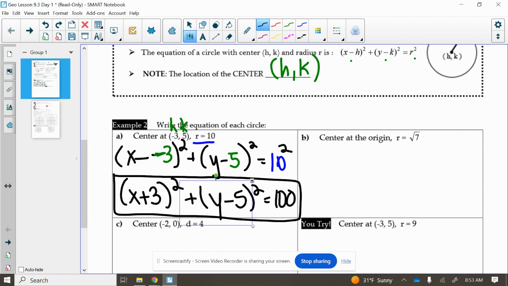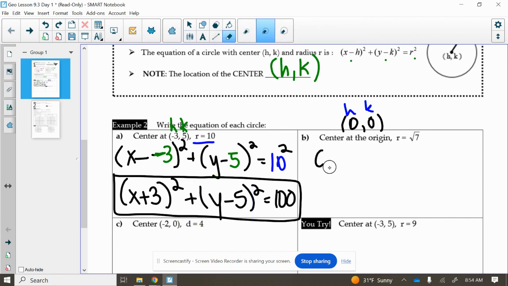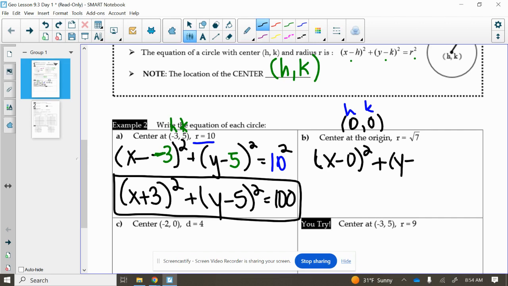In our next example, our center is at the origin, better known as (0, 0). So our h comma k this time are 0 and 0. So again, as we start plugging in, we have our x value minus, in this case, 0, quantity squared, plus y minus our k value, which is also 0.